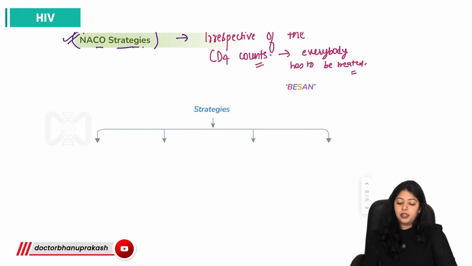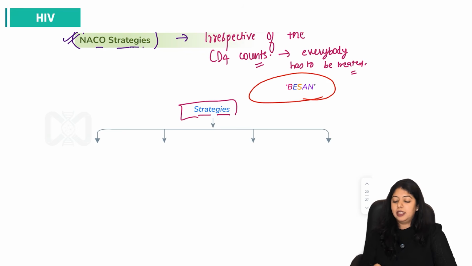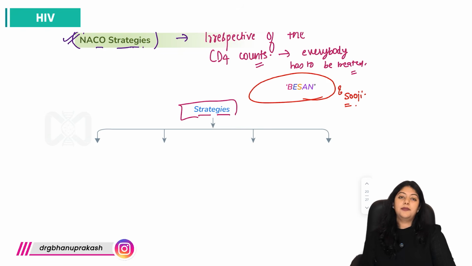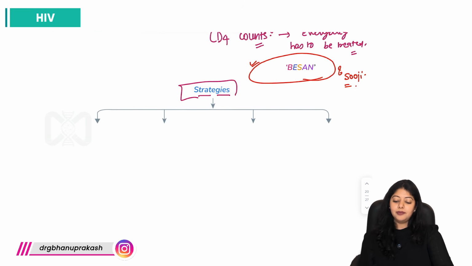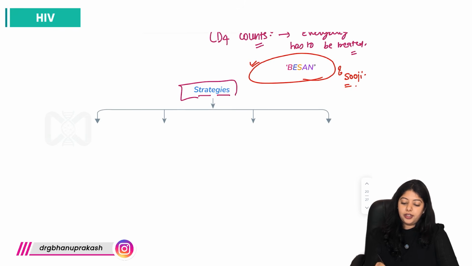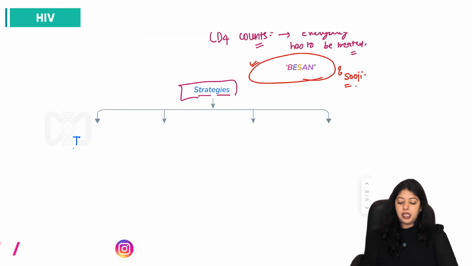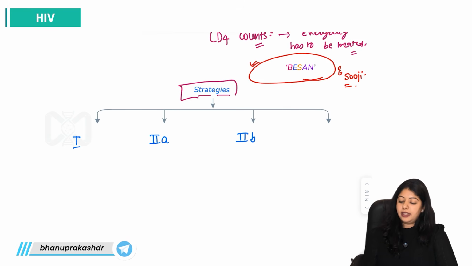So let's first focus on the strategies. It has 4 strategies, and we will be using this mnemonic, in Hindi words for submutables again. So we have 4 strategies: Strategy 1, Strategy 2A, 2B, as well as Strategy 3.